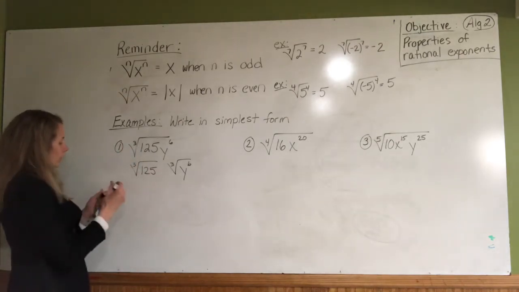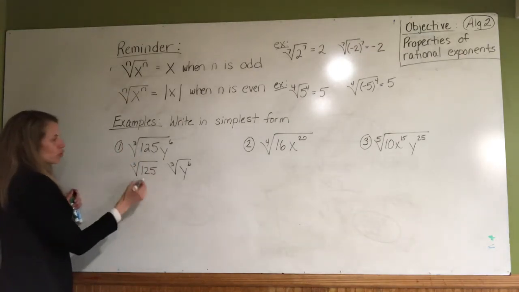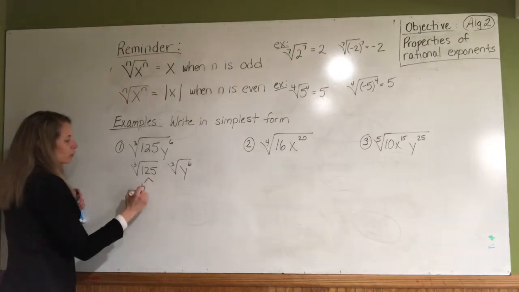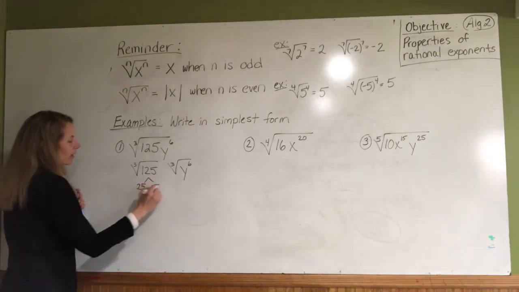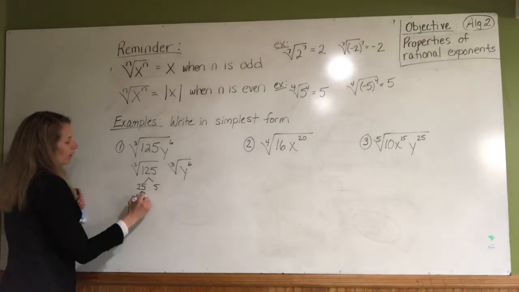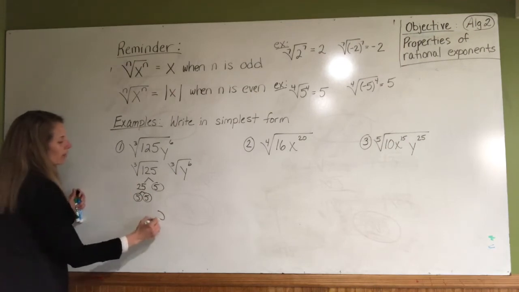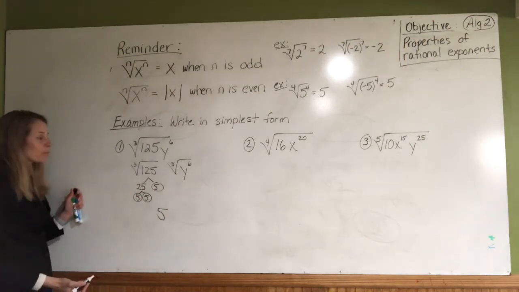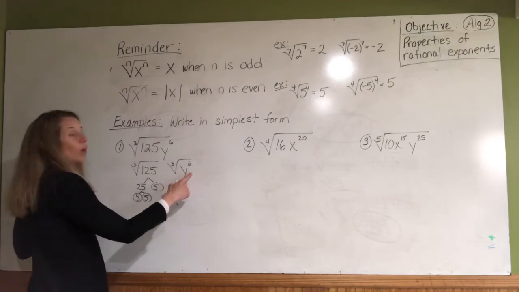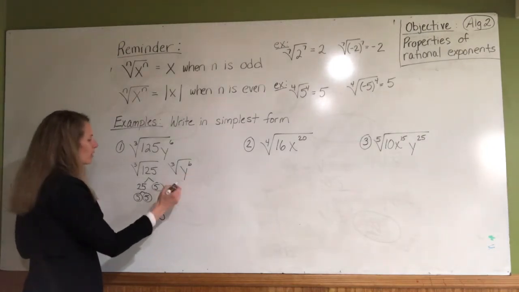So if I'm looking at the 125, that's pretty straightforward. We can just do our factor tree, right? So 25 and 5, 5 and 5. Okay, so we can see that the 125 has a group of 3 5s, which means that 5 is just going to come out. Now, if I want to look at my y to the 6th power, what does that even mean?